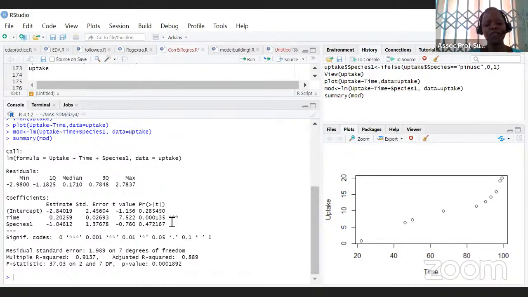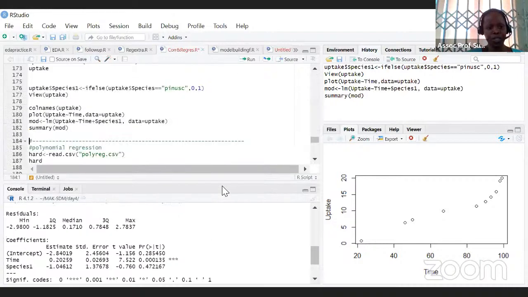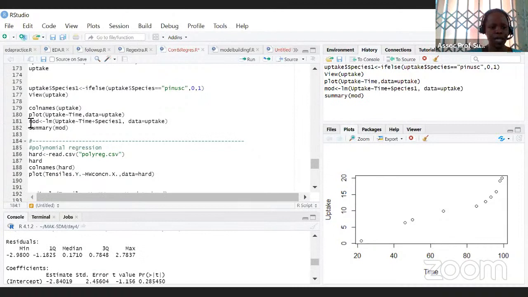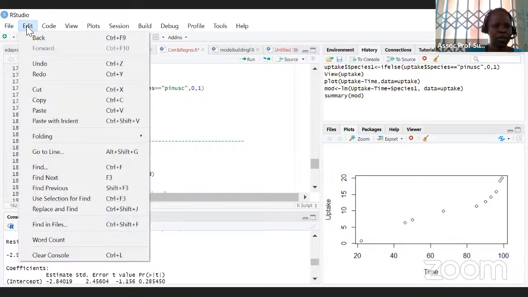If you find that you don't need that dummy variable in the model, then you rerun your regression analysis without the dummy variable. We can do that easily. We can just copy this and put it down. Oops, sorry about that.